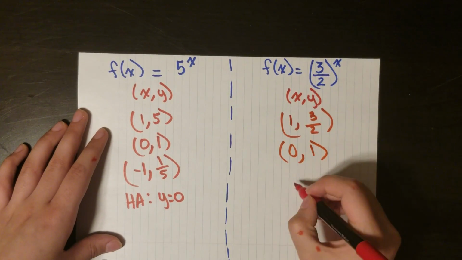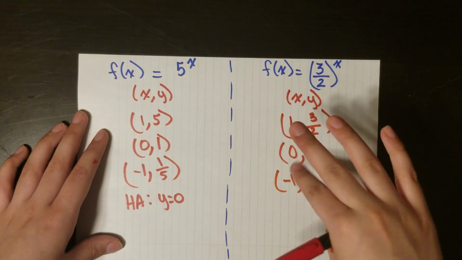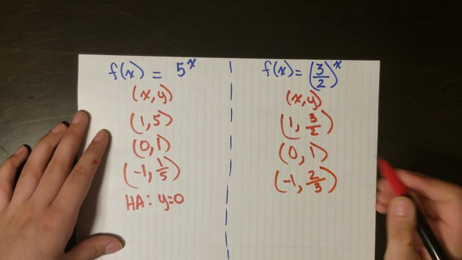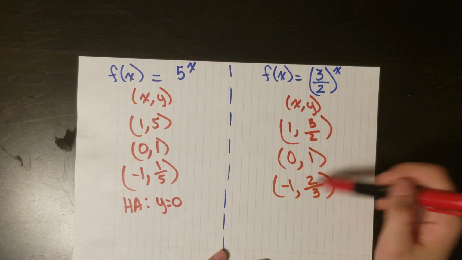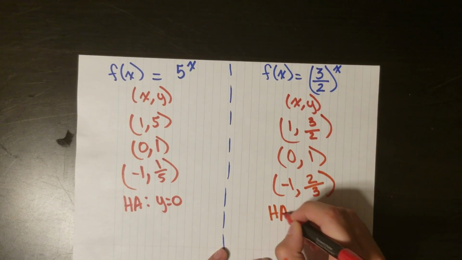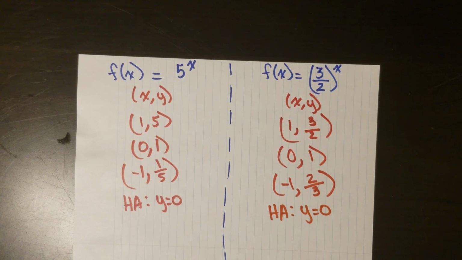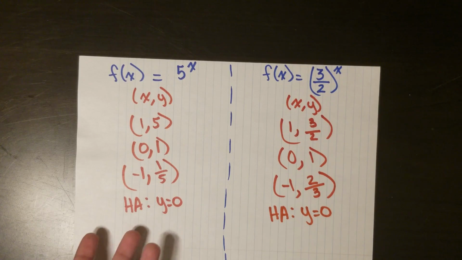When I have an exponent of -1, anything to the exponent of -1 is just reciprocated or flipped, so 2/3. I just flipped 3 over 2 to 2 over 3. Now you have 3 points to graph this function, and you also know that you have a horizontal asymptote at y = 0. And that's how you graph exponential functions super fast and save a lot of time, just with these 3 points and knowing your horizontal asymptote.